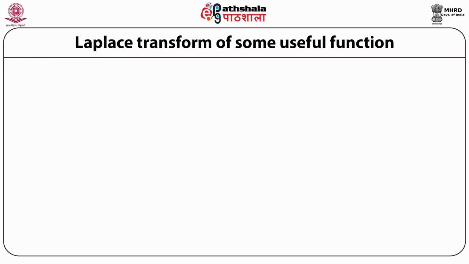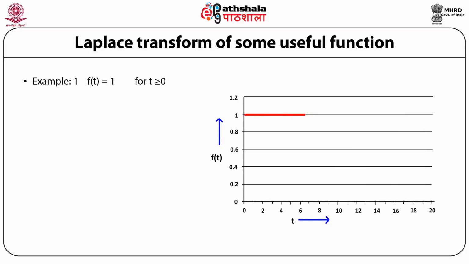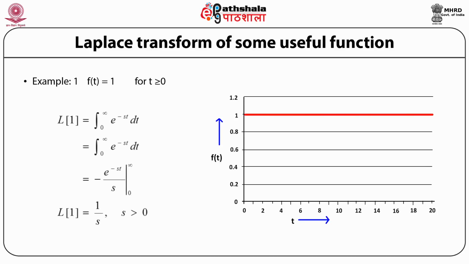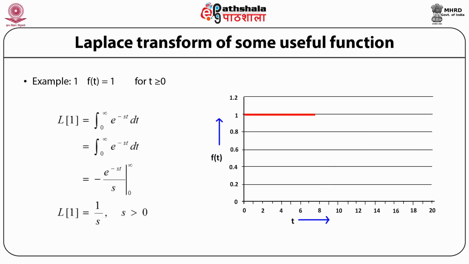Let us see Laplace transform of some key useful functions. Let us assume f of t is 1, and you can do the same thing for any f of t which is a constant. So Laplace of 1 is equal to integral 0 to infinity e power minus st into dt, and when you integrate e power minus st dt, you will get minus of e power minus st divided by s evaluated between 0 and infinity.